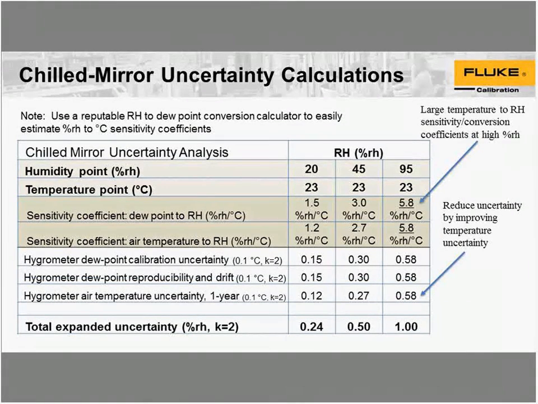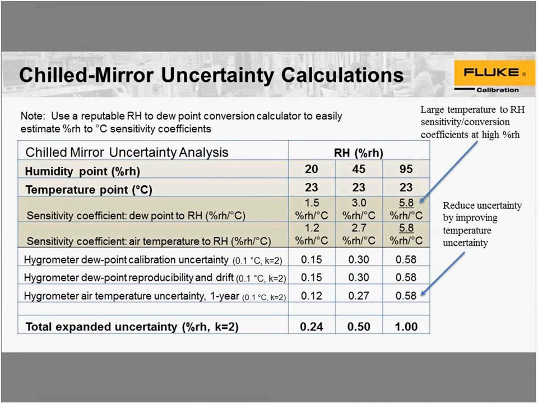So now the next row, where we have an uncertainty for the hygrometer's dew point measurement, uncertainty in dew point of plus or minus 0.1 degrees C. And then to convert that to percent RH, we just multiply it by the sensitivity coefficient of RH to degrees C. So basically, it changes from 0.1 degrees C to 0.15% RH at 20%, but at 95% it is much bigger.